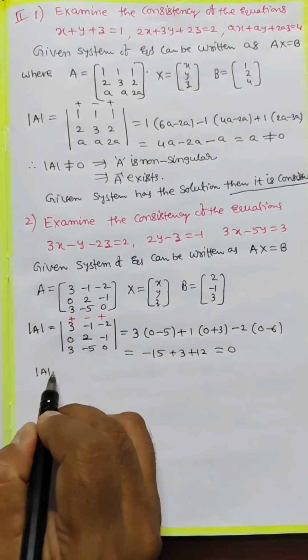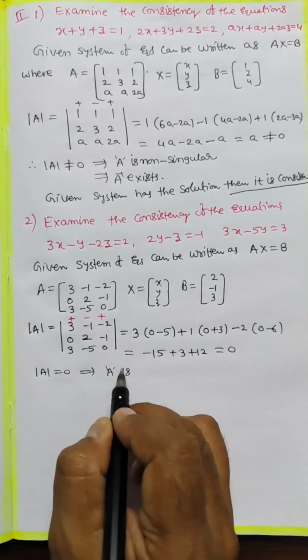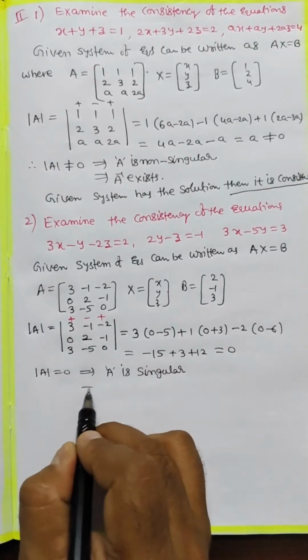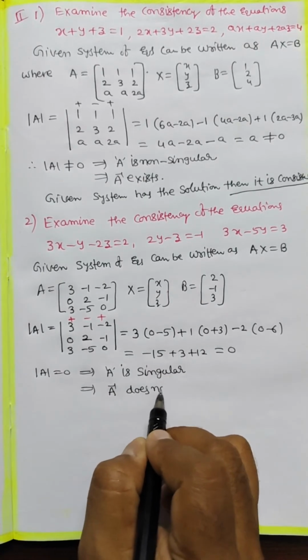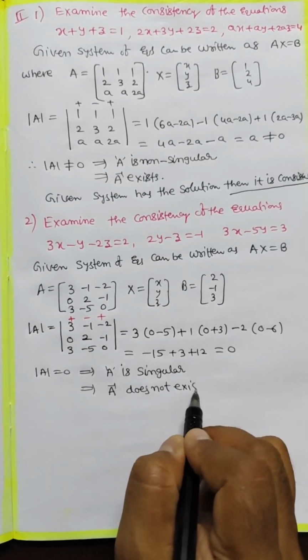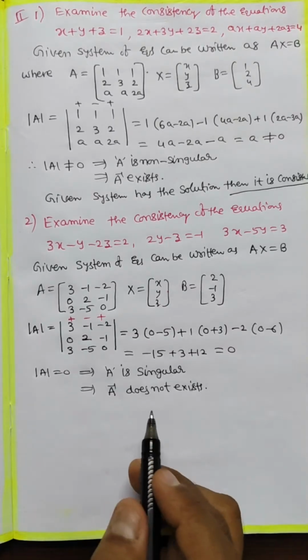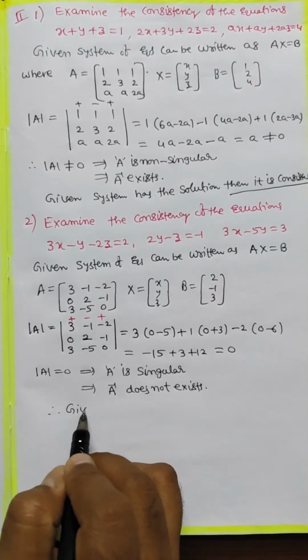Det A equal to 0, that implies A is singular. Whenever A is singular, A inverse does not exist. A inverse does not exist means what? Solution we cannot find.